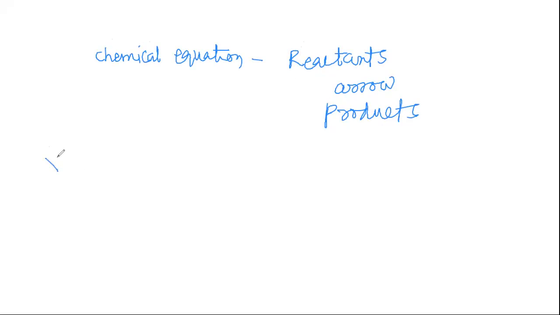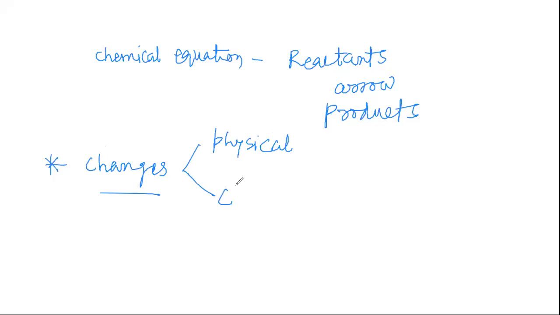Now, we need to know about the changes. So we have seen that there are two types of changes. One is physical change, another is chemical change. My dear students, can any of you answer my question: what is the difference between physical change and chemical change? Okay.